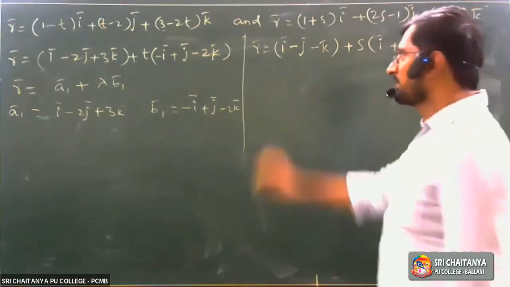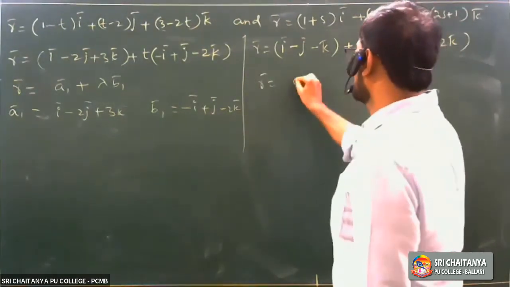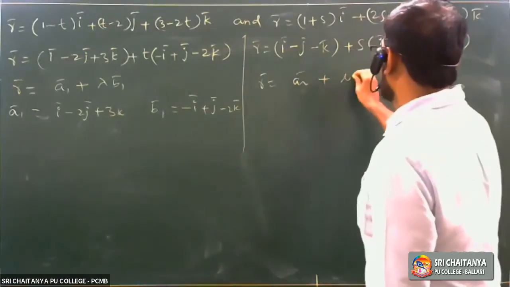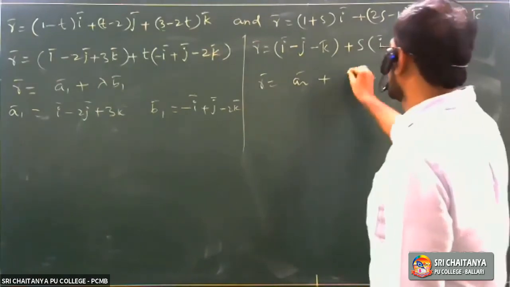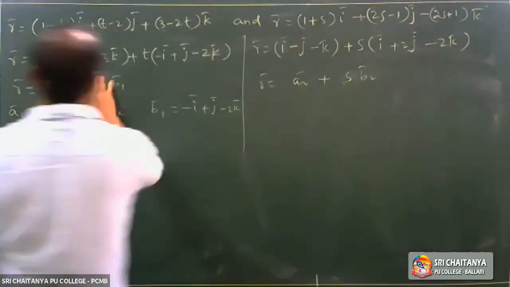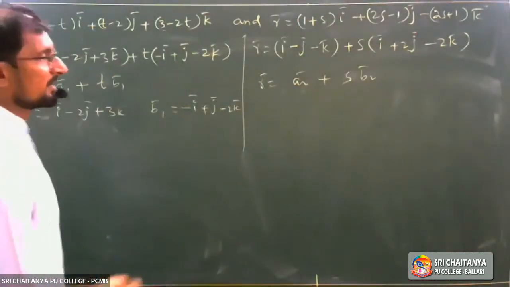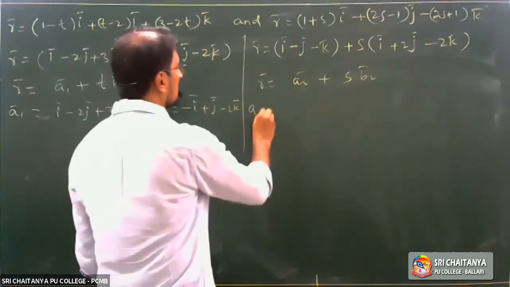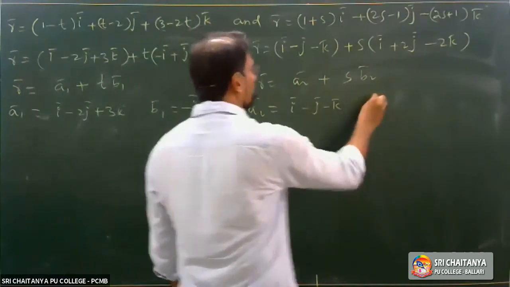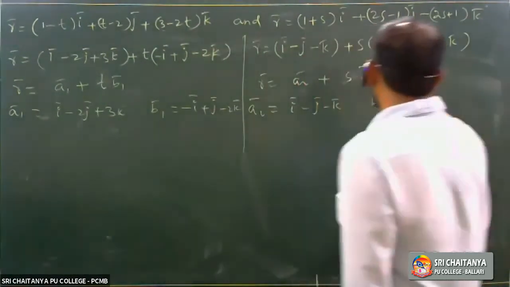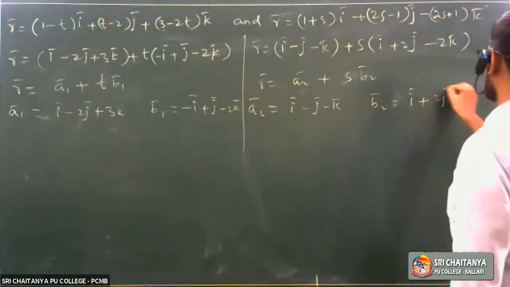Now compare this with r bar is equal to A2 bar plus mu into B2 bar, or s into B2 bar. Here t into A1 bar, whatever you want, you can write, no issue. A2 bar is equal to i minus j minus k. B2 bar is equal to i plus 2j minus 2k.